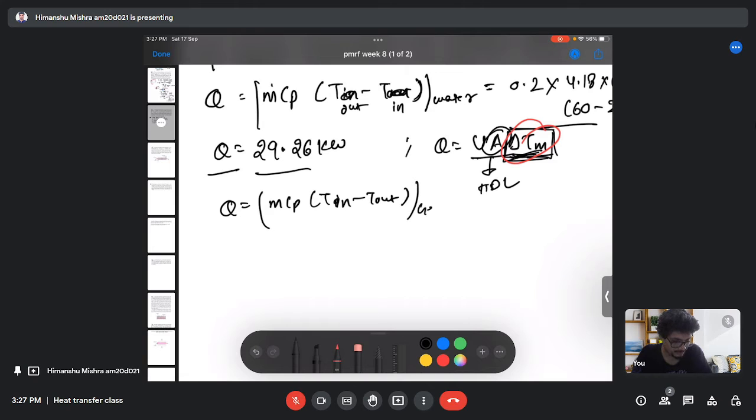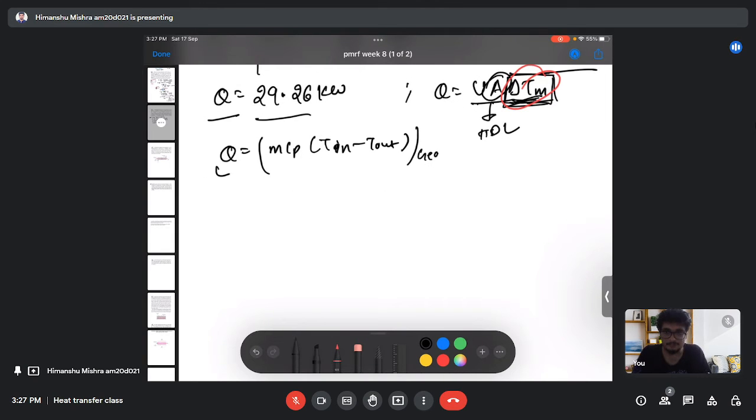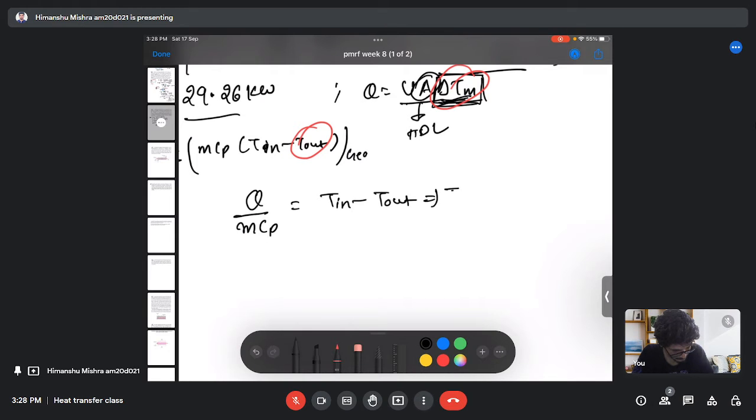So this is for geothermal water. We already found out the heat transfer, and we need to find the outer temperature here. So my outer temperature will be... we are already given the inlet temperature, we have already found the heat transfer, and we have been given these properties also.